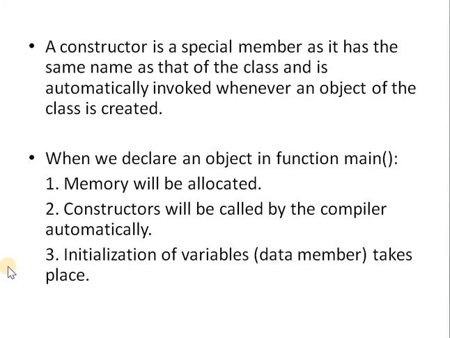Means whenever we create the object of a class in main, first the memory is allocated for that object. Next, the constructor will be called automatically by the compiler, and next the initialization of the data members takes place. Means values will be assigned to the data members.